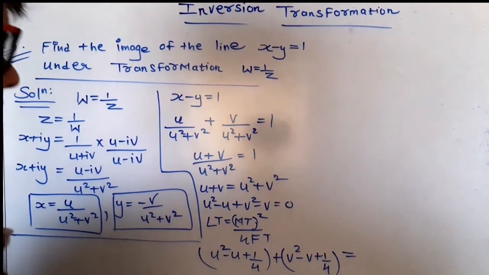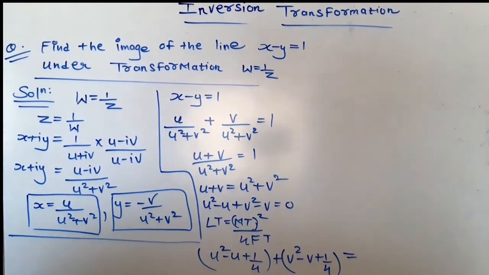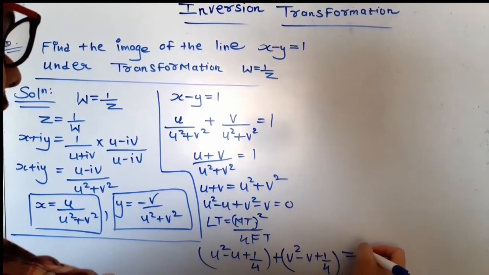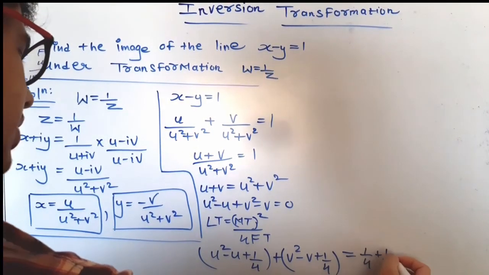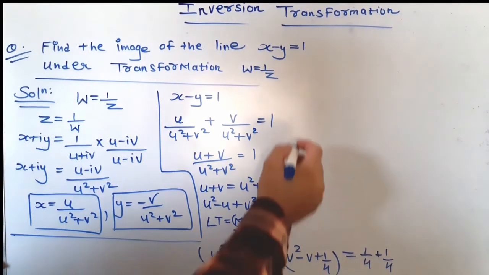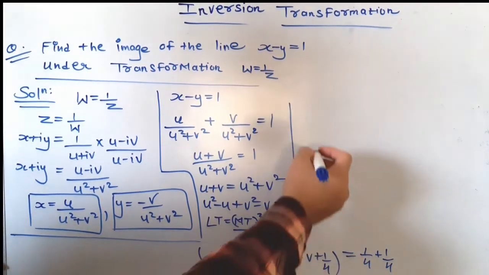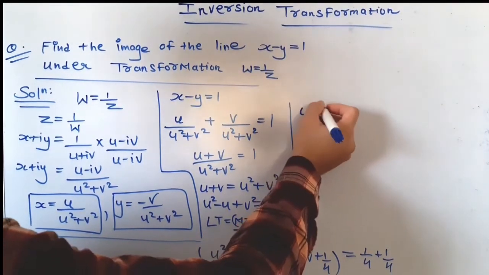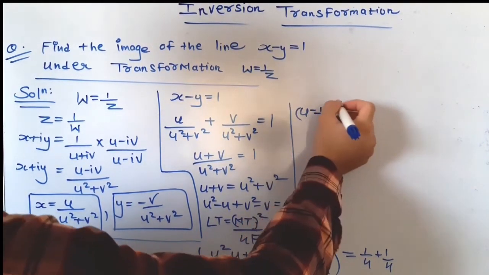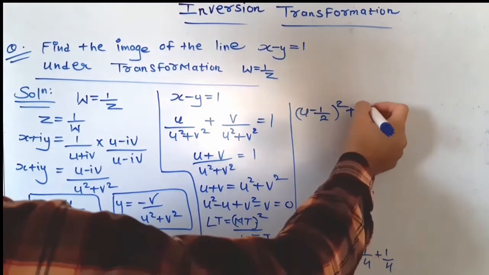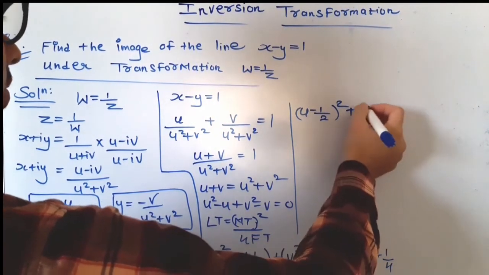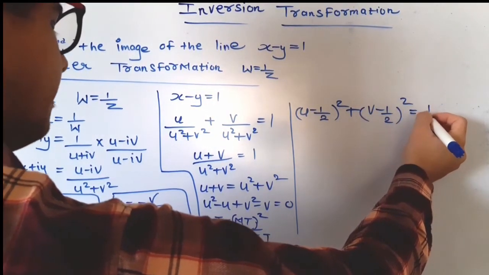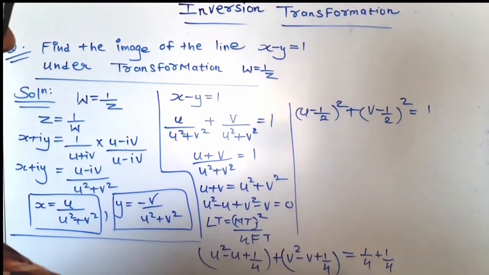Now here we had added 1 by 4 and 1 by 4, so we have to subtract them also. So bringing minus 1 by 4 and minus 1 by 4 on the RHS, we get 1 by 4 plus 1 by 4. Okay. So now u square minus u plus 1 by 4 and v square minus v plus 1 by 4 are complete squares. So we can write u minus 1 by 2 the whole square plus v minus 1 by 2 the whole square, which is equal to 2 by 4, which is 1 by 2.